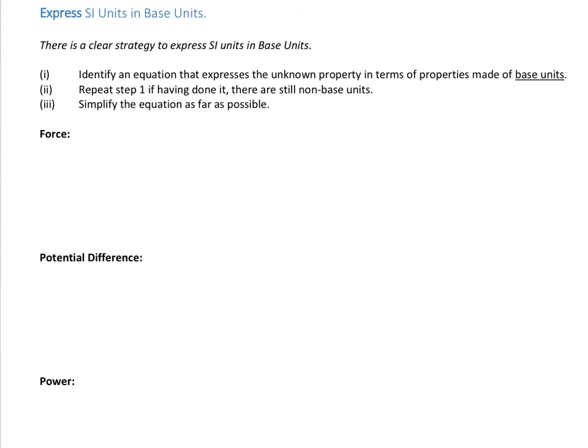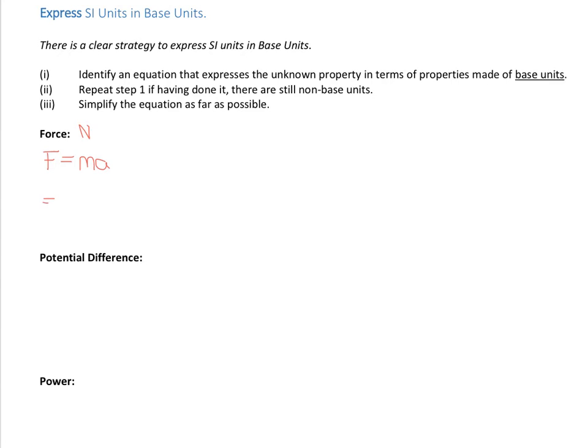Okay, so force, we know, is measured in newtons. Something we'll come across when we're studying mechanics is this equation, which you can dig out from your formula sheet. It's called Newton's second law, and it goes F equals ma, so the resultant force is equal to the mass times acceleration.